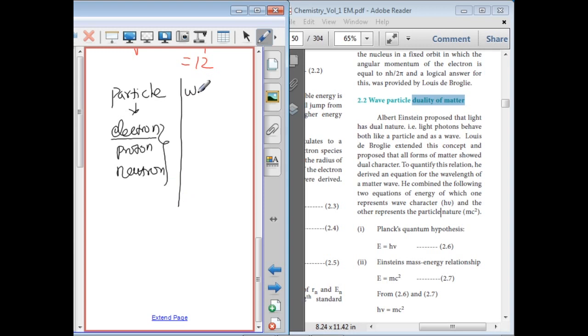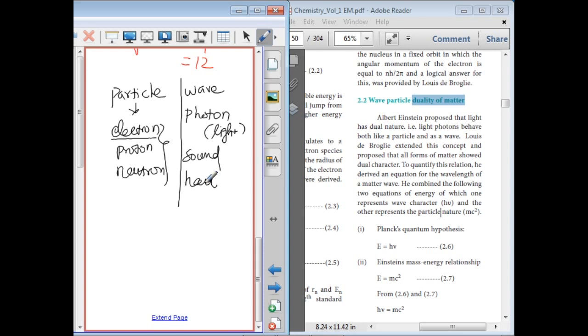Then wave. For example, photon. Photon means light particle. Sound always travels as a wave. So sound is wave nature, and heat is also wave nature.